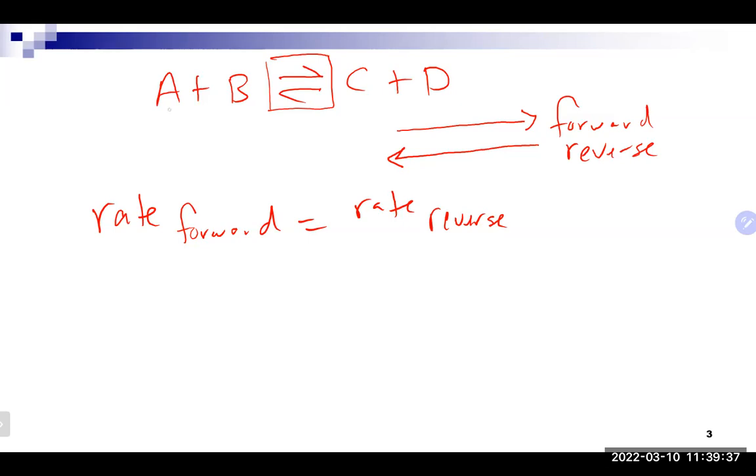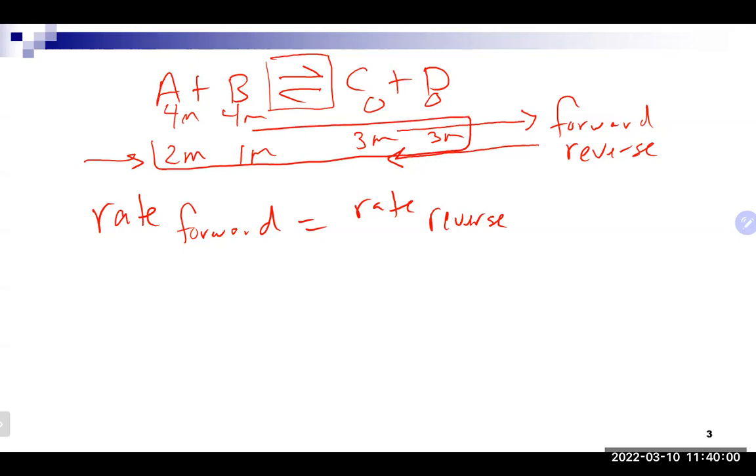For example, if we started with 4 molar of A and 4 molar of B and nothing of C, and this reaches equilibrium, maybe we end up with 2 molar of A, 1 molar of B, 3 molar of C, 3 molar of D. Once it reaches equilibrium, those species maintain that concentration, because as soon as it breaks down a little bit, it comes back the other way at the same rate. So that's an important thing to keep in mind as we talk about equilibrium.